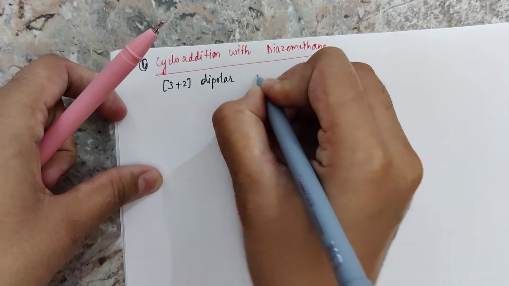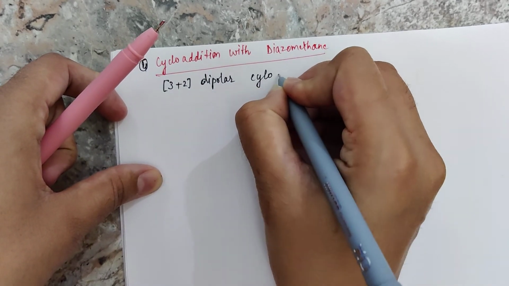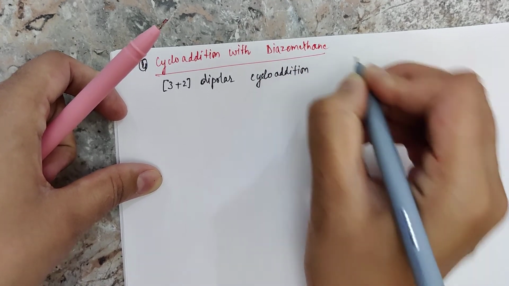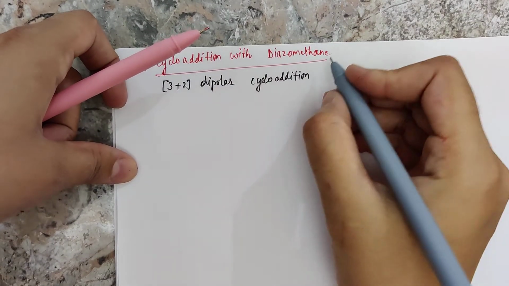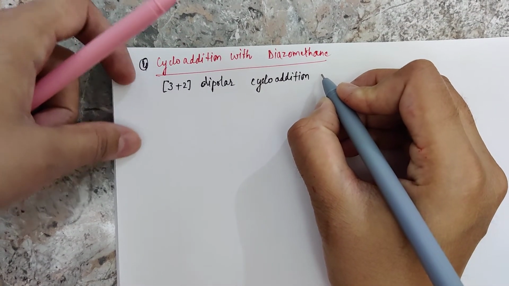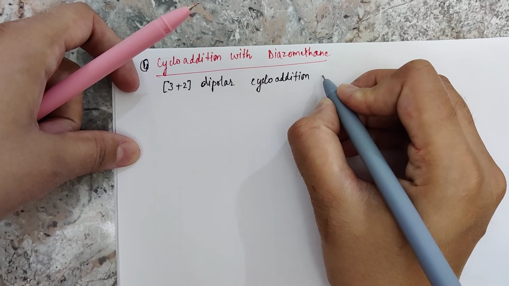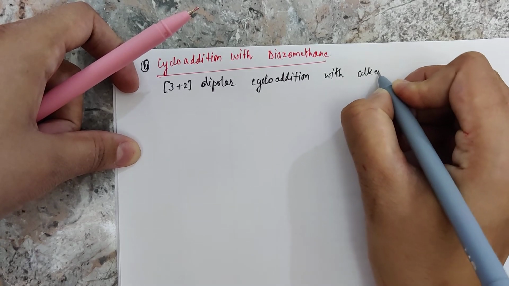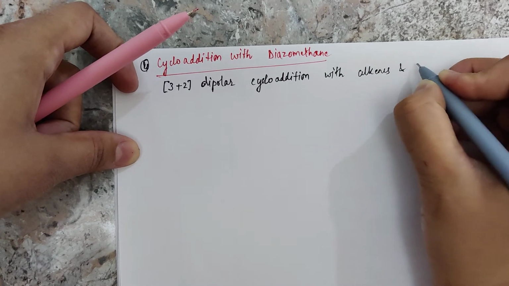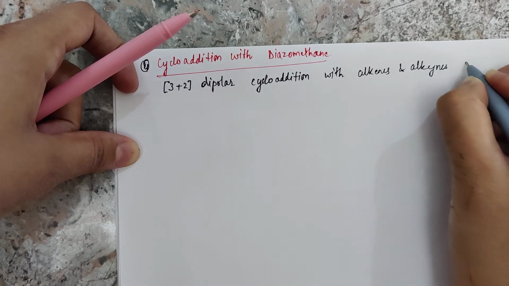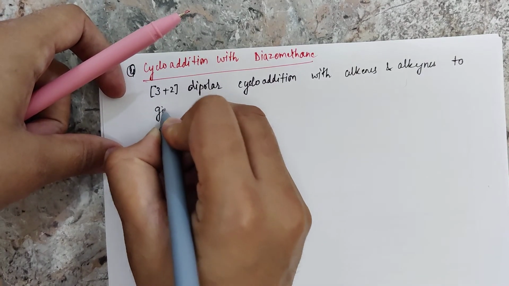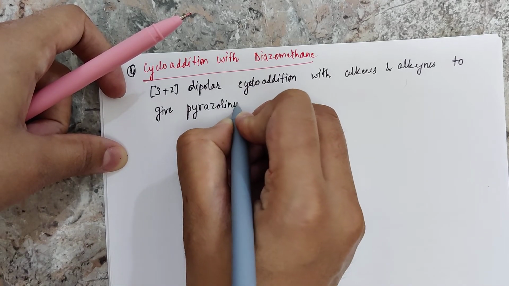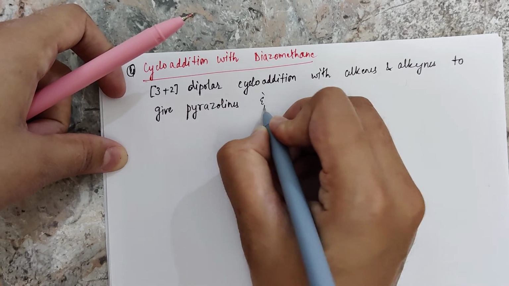This cyclo additions you must have started. So 3+2 dipolar cyclo addition with alkenes and alkynes, and what they form, they give pyrazolines and pyrazoles.